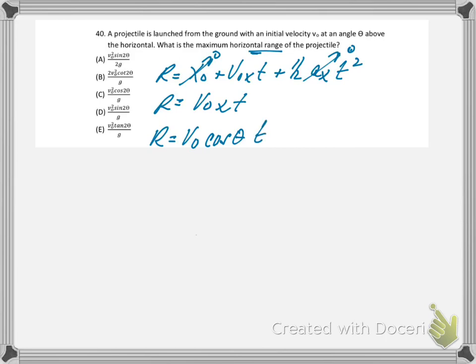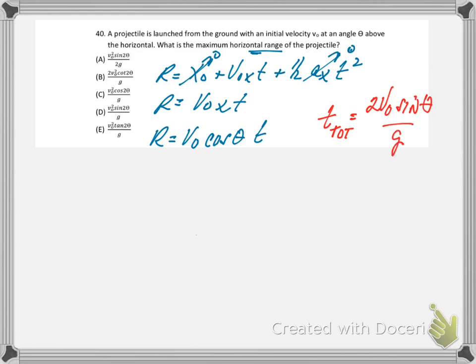Now, our time, we've already worked out what our total time would be, and that we did in multiple choice number 37. And total air time, we've got total air time equal to 2 v naught sine theta over g.